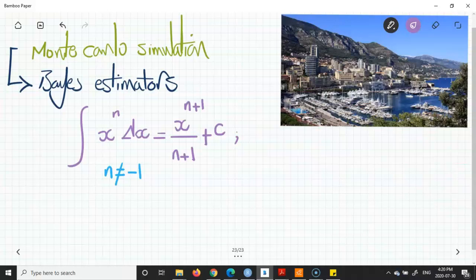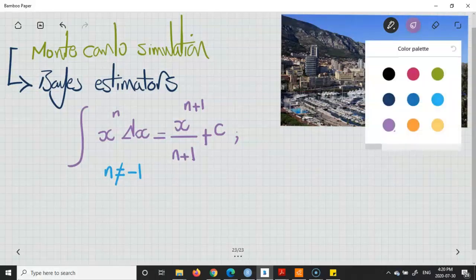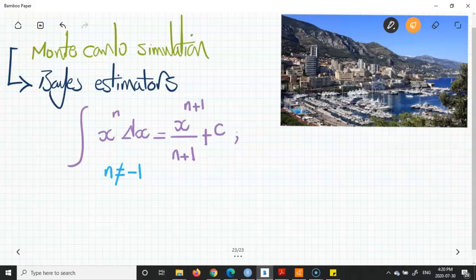This family of integrals, which is a very limited class of analytical integrals, is so easy to deal with, because analytically we can start from the integrand, which here is x to the power n, to get to, for example, a definite number as the result of the integral.